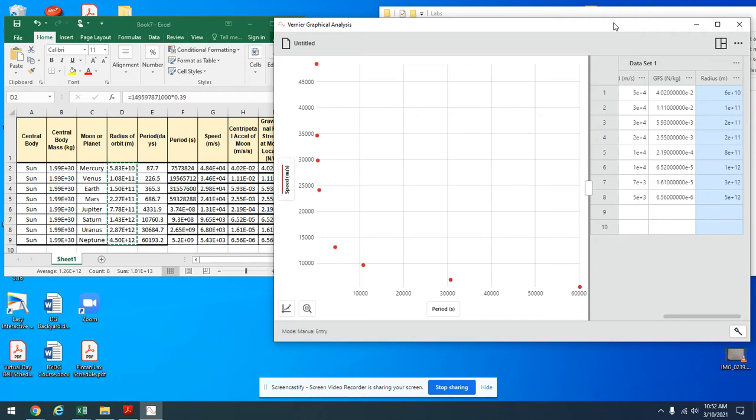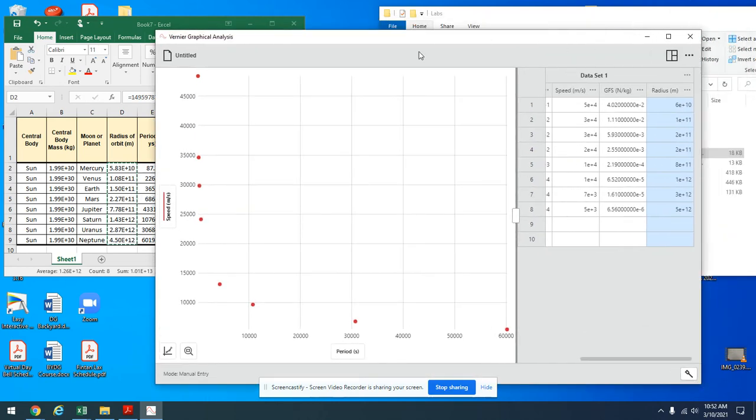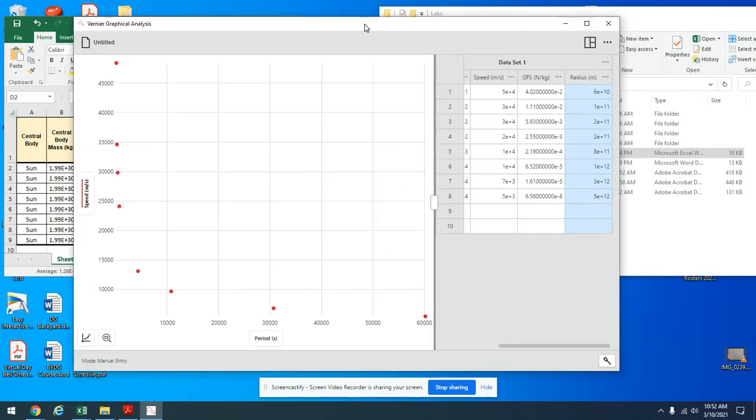And so what do we want to look at here? There are two relationships that I want us to get a handle on. The first is, you know what, I don't think I needed this speed after all, but that's okay. I would like to understand the relationship of gravitational field strength. Now, what do you think that would depend on? How strong the gravitational field is around, in this case, the sun?